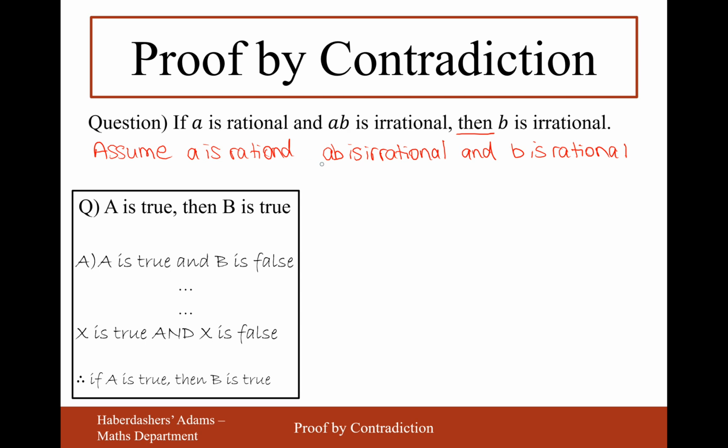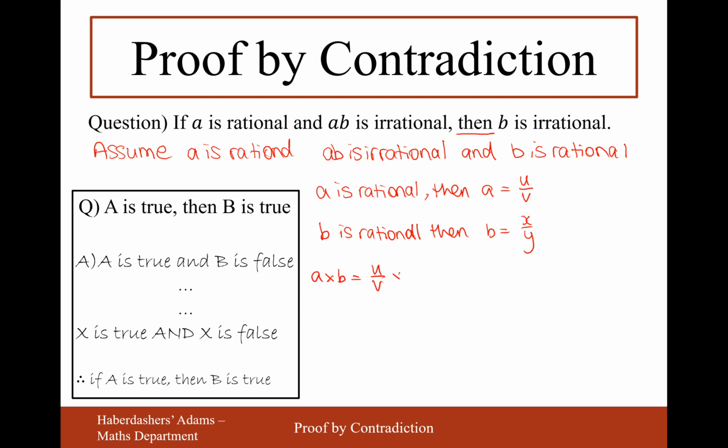Okay, so let's get involved with these rational terms here. So if A is rational, then A can be represented as U over V. And if B is rational, then B can be represented as X over Y. So therefore, when you do A times B, which is going to be U over V times X over Y, you get UX over VY, which is rational.